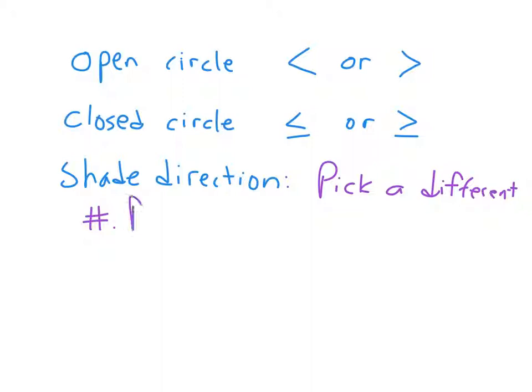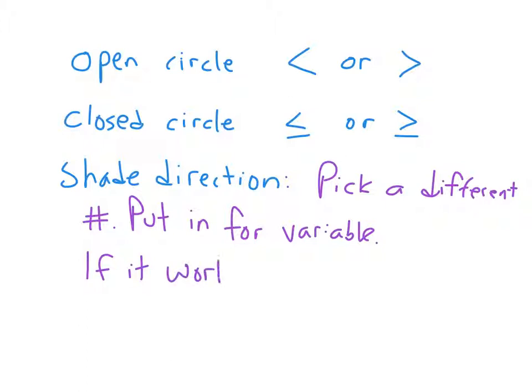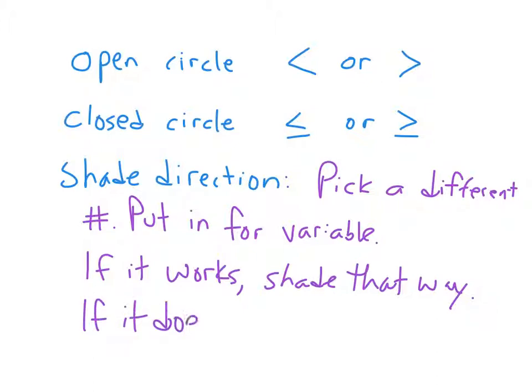Put it in the inequality, so put it in for the variable. And then if it works, shade that way. And I'll show you what I mean in just a second. If it doesn't work, shade the other way.